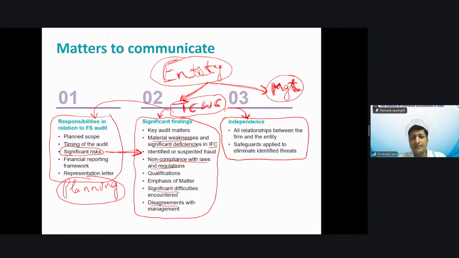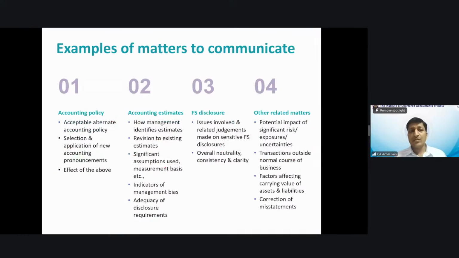TCWG again, right? And similarly, when you talk about emphasis of matter, okay, so when you talk about modifications and emphasis of matter, some of these areas are important for the understanding of the TCWG. So that's why these are required to be reported.